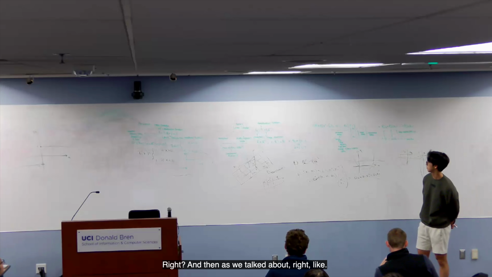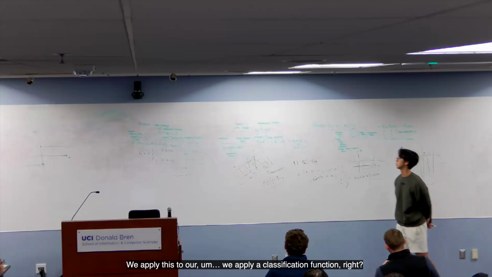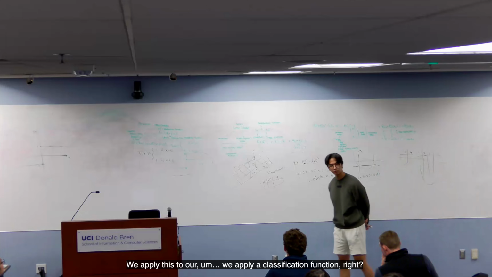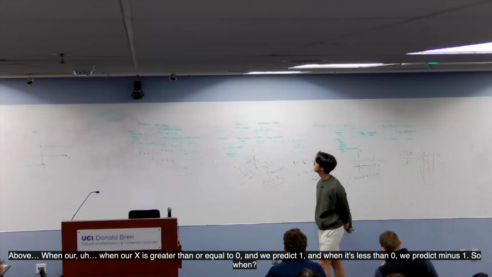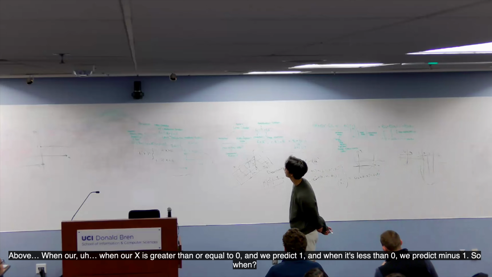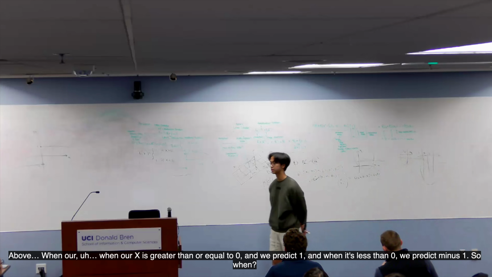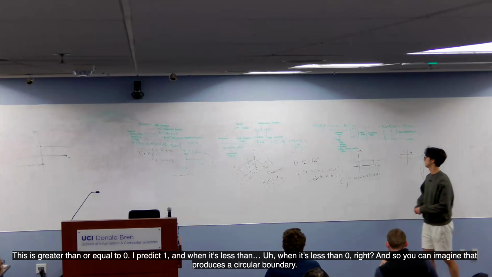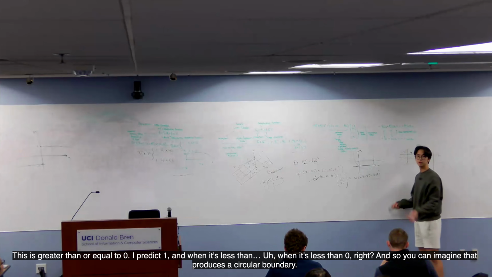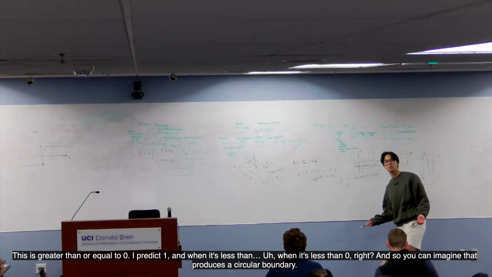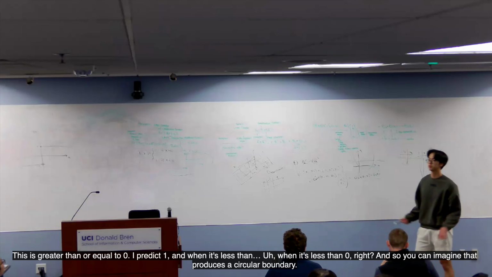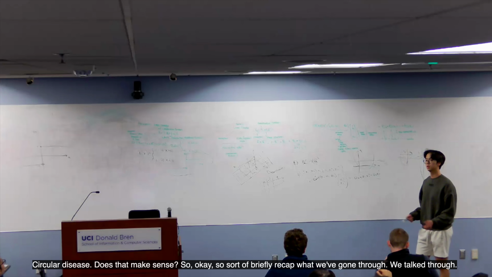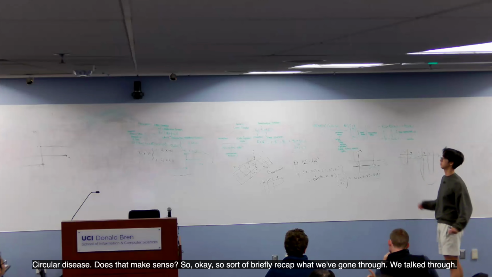Then, as we talked about, we apply a classification function: when this is greater than or equal to 0, I predict 1, and when it's less than 0, I predict -1. You can imagine that produces circular results. Does that make sense?